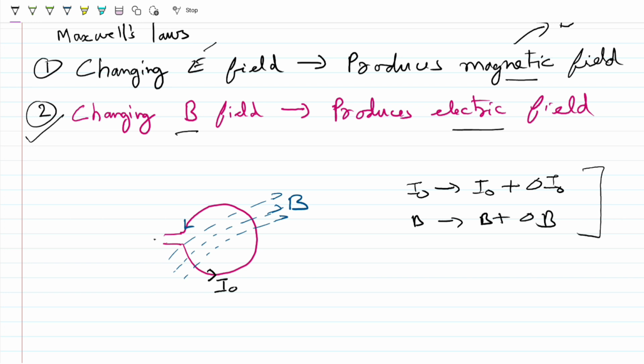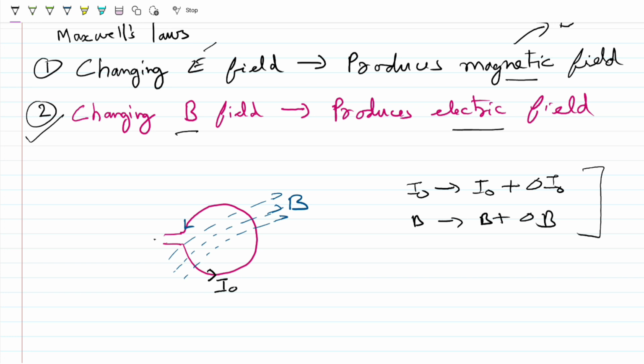In other words, the increase of the current increases the magnetic field. The magnetic field tries to produce an electric field, or in other words, an opposing force in this loop, to oppose the change that was trying to increase the magnetic field.